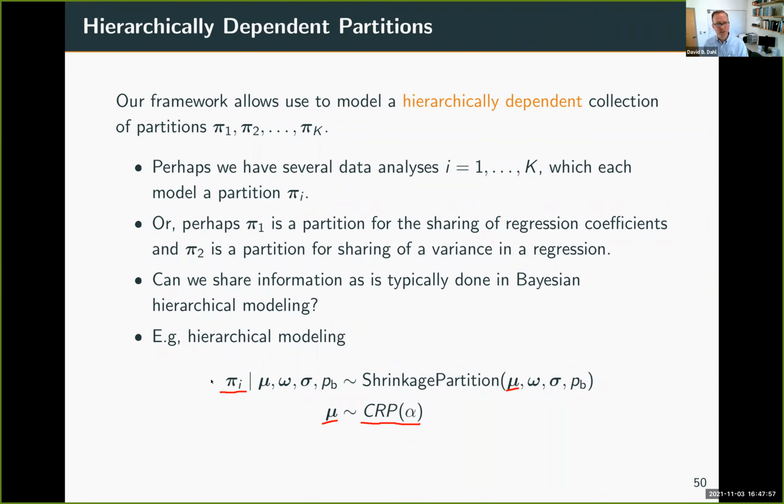The extent to which the partition pi looks like the baseline partition mu is governed by our omega parameter. If omega is equal to 0, we have a bunch of independent partitions all drawn from the baseline partition. And to the extent that omega goes off to infinity, all of the partitions, pi I, will exactly replicate the baseline partition mu.